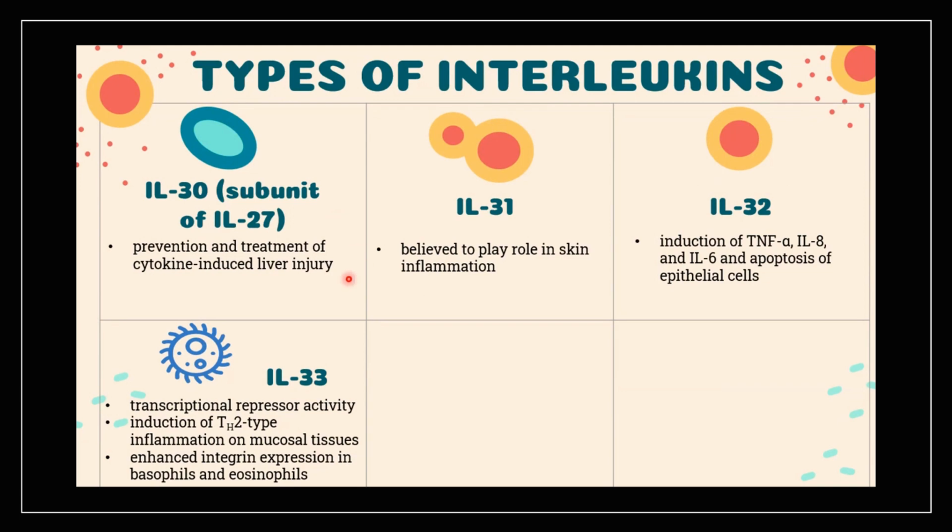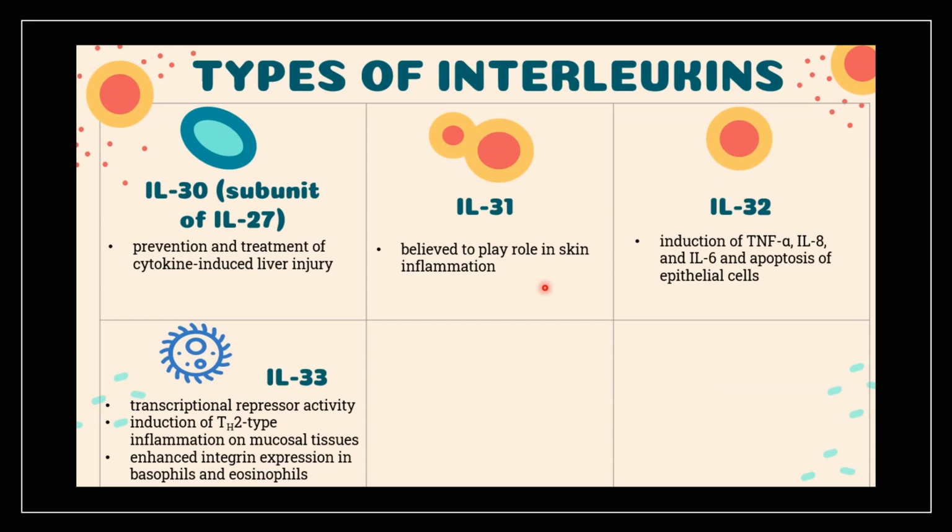For interleukin 31, they originate from activated CD4 T cells, CD8 T cells, and monocytes. Their target cells are keratinocytes, epithelial cells, dorsal root ganglia, eosinophils, mast cells, basophils, and monocytes. Their major function is inhibition of proliferation and apoptosis in epithelial cells.